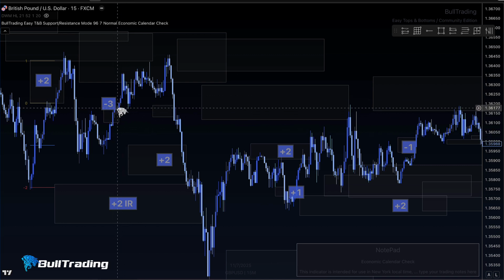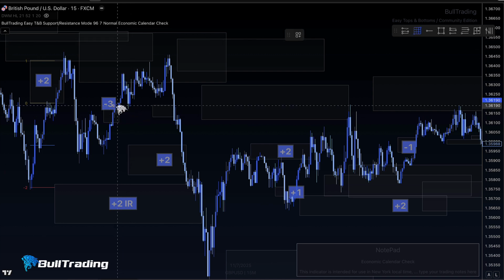So okay, we are waiting. We are not using the straight method. If we see a resistance, we are not shorting. We wait until a resistance or a support gets broken to apply this model that I'm teaching you. So why -3?